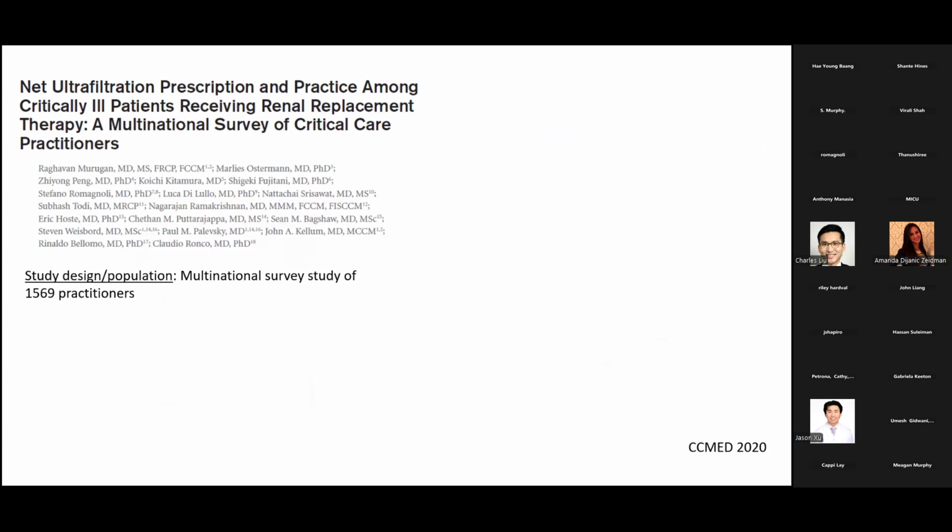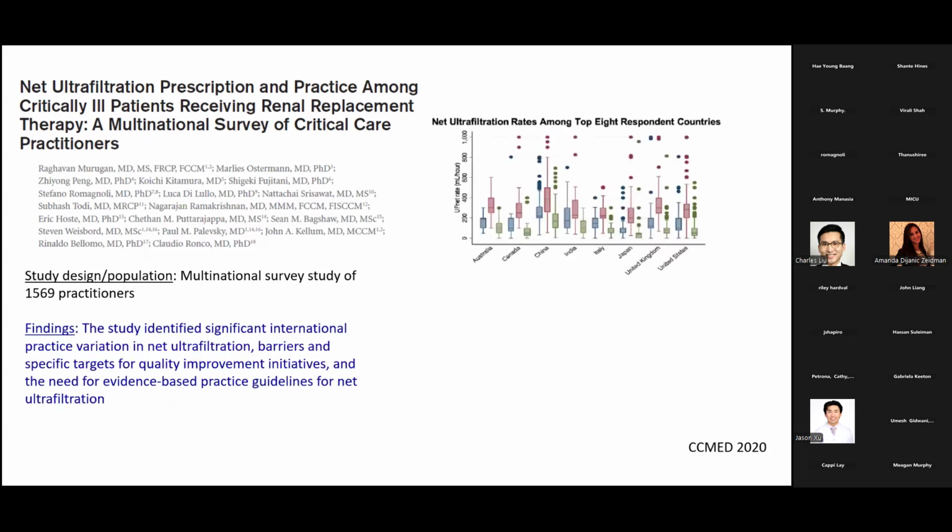Several years ago, a multinational survey across different practitioners around the world was conducted and identified that when you ask practitioners about net ultrafiltration rates commonly prescribed in their practice, they are very heterogeneous. Some practices are more aggressive, some less aggressive.